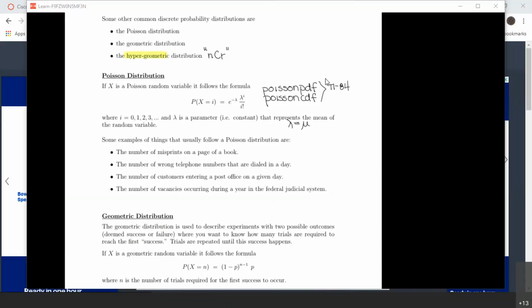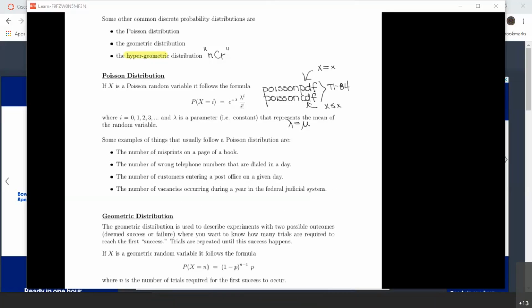Now, in case you're wondering and you haven't figured it out yet, PDF gives you the probability of the random variable being a particular X value. CDF gives you the probability that it is less than or equal to a particular value.